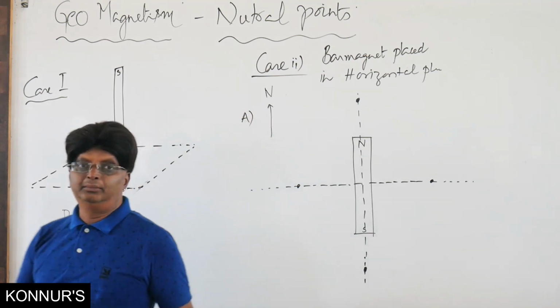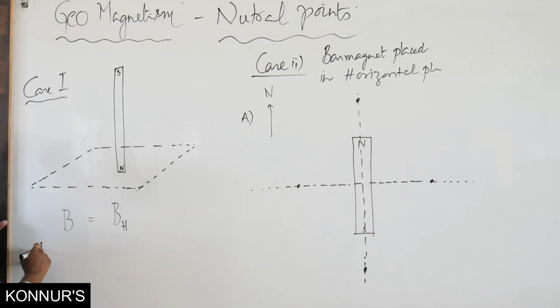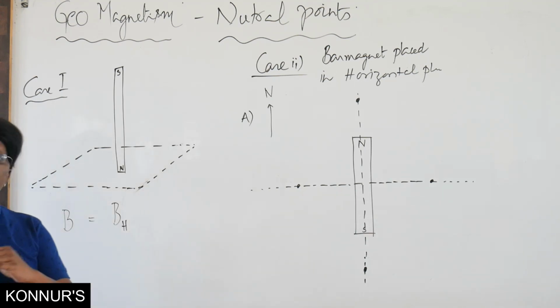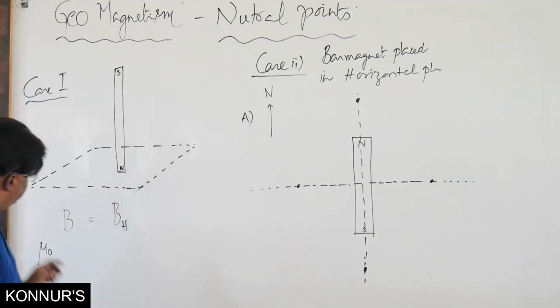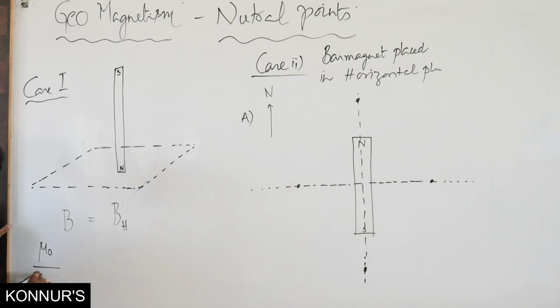B for a monopole is the same as the intensity due to a point charge. You remember that case? Yes, mu naught by 4 pi, m, the pole strength, by r square, where r is the distance at which we are locating a magnetic null point from the magnet, equal to BH. This will be the mathematical condition.